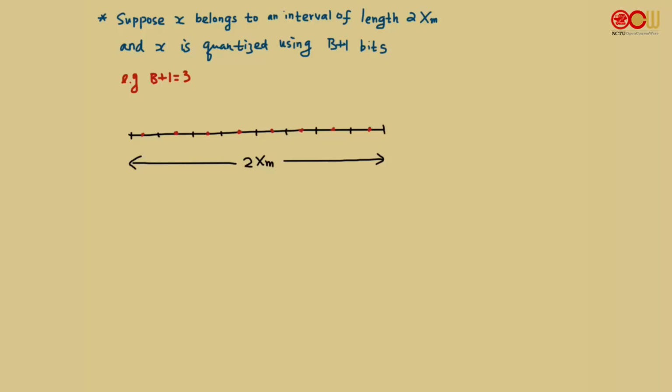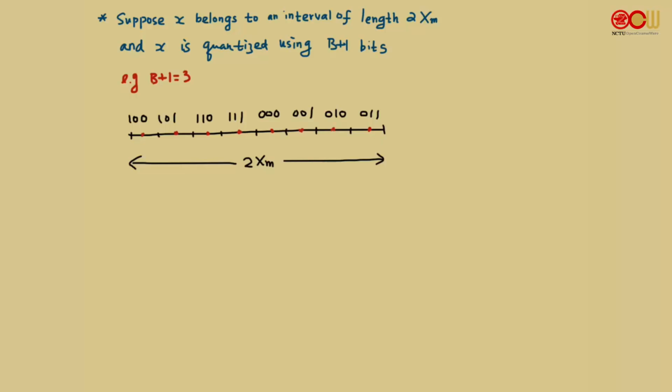Each quantized value is given a binary code: 000, 001, 010, 011, 100, 101, 110, and 111. And it's in a range of 2Xm. In our previous example, this is minus 1 and this is 1.